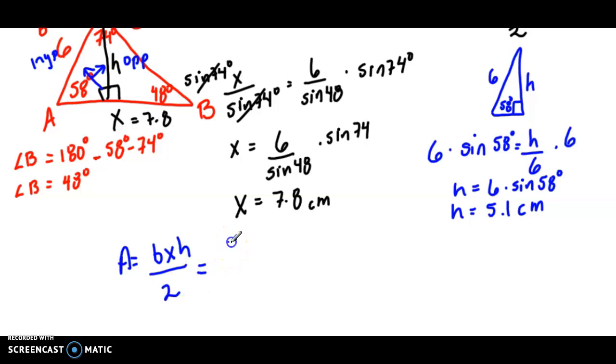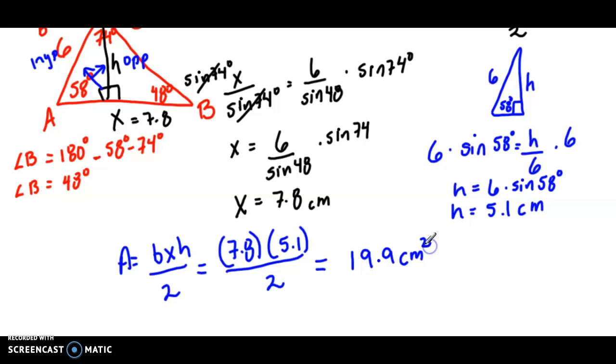The base is 7.8, multiplied by the height, 5.1, divided by 2. And again, just plugging that into our calculator, we get an area of 19.9 centimeters squared.